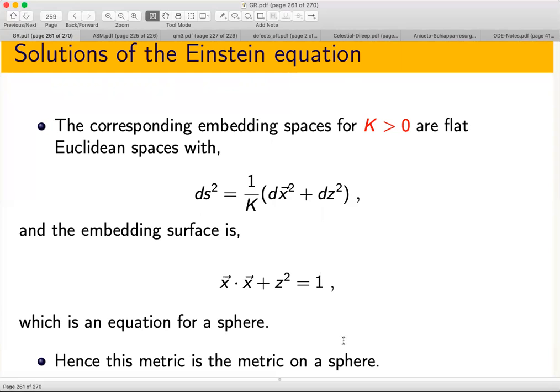But this is the equation of a sphere, right? So x takes d values, plus z. So this is a d plus one dimensional space of variables with one equation. So therefore it must be a d dimensional surface. So this is the equation for a d dimensional sphere.